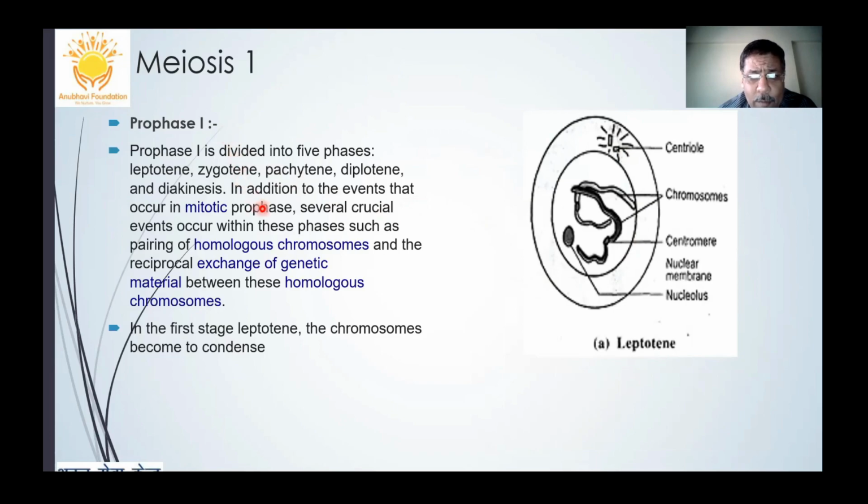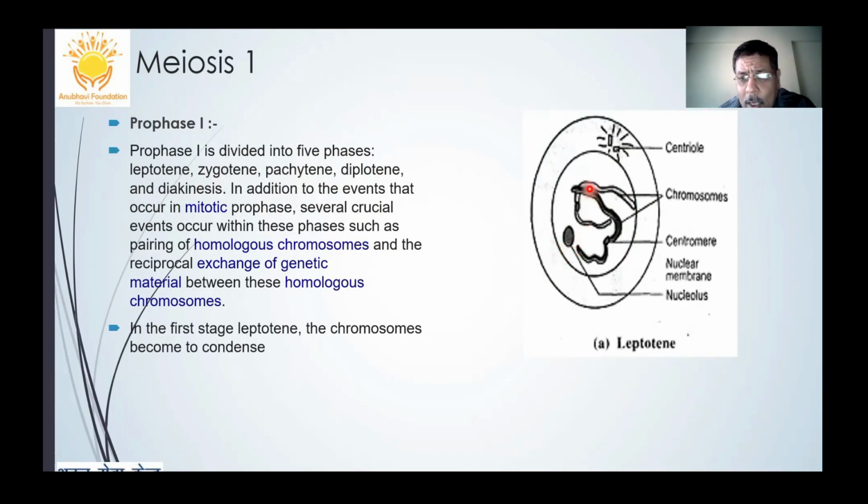Just remember, prophase 1 is the first stage of meiosis 1, which is divided into five phases. Remember the names of the phases: leptotene, zygotene, pachytene, diplotene, and diakinesis, where along with the sister chromatids, there will be a crossing over between the homologous chromosomes.